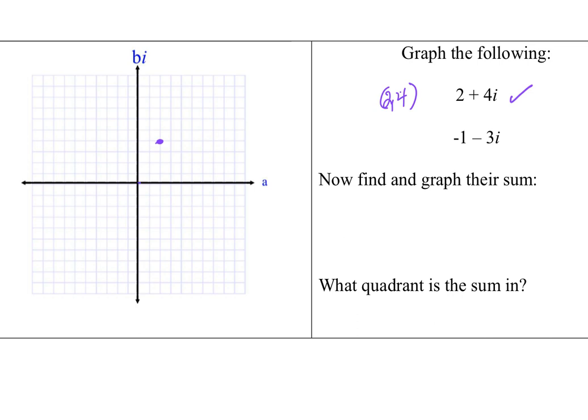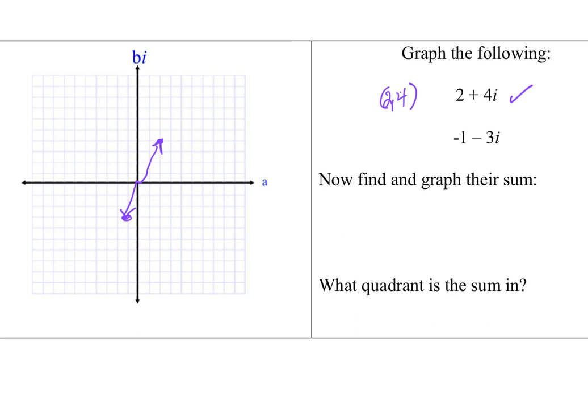And then negative 1 minus 3i, that would go down here. And then they want the sum of them.